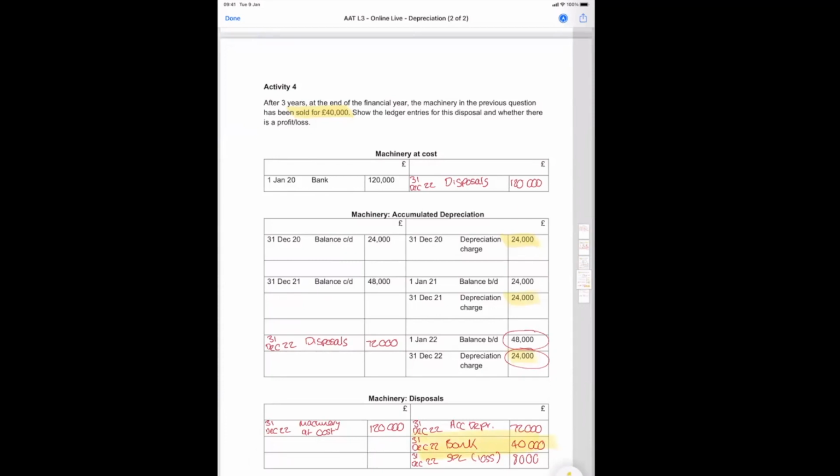However, we've not actually received any income for the asset because we've part exchanged it. So instead of debiting the bank account for 40,000, what we actually need to do is debit the machinery at cost account for 40,000.